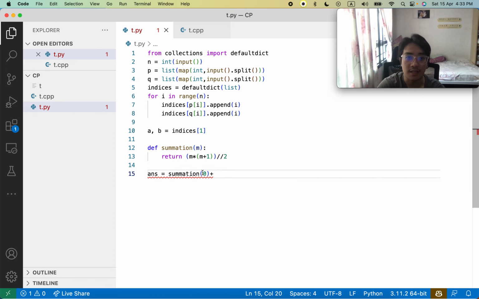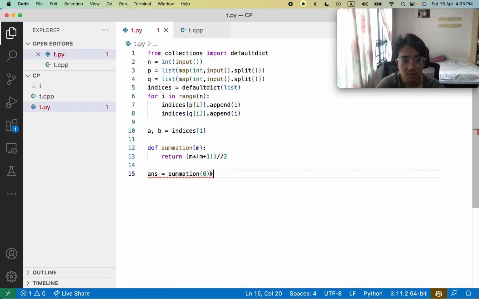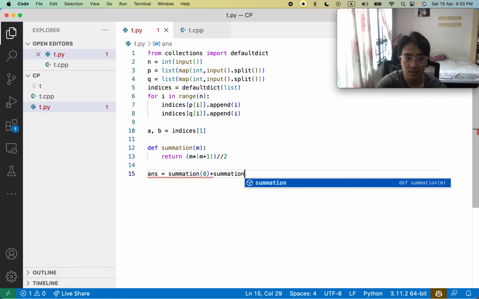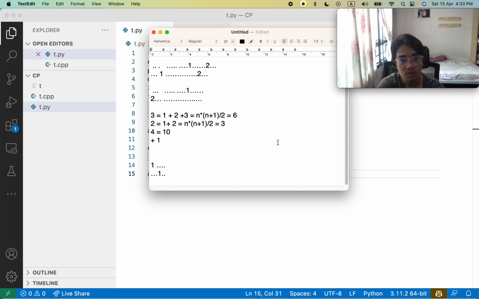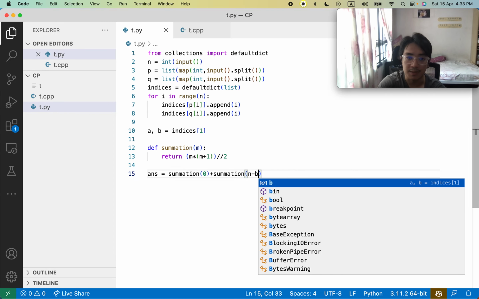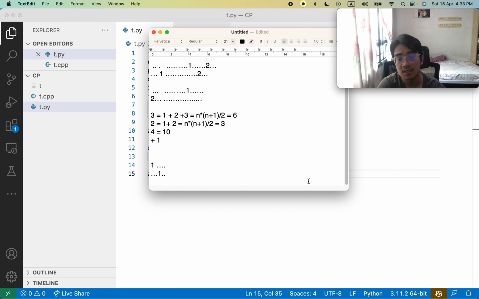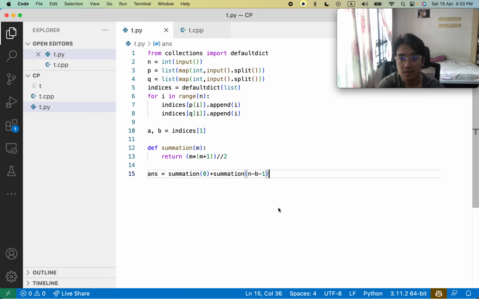Now we need to calculate the area from n to here. So summation of n to m minus b minus 1, I think, because basically when it's 6, m minus 6 minus 1 would be 0, which is correct, whereas when it is 5, m minus 5 minus 1, you will get 1, which is correct as well.